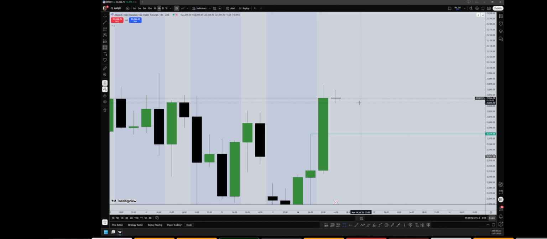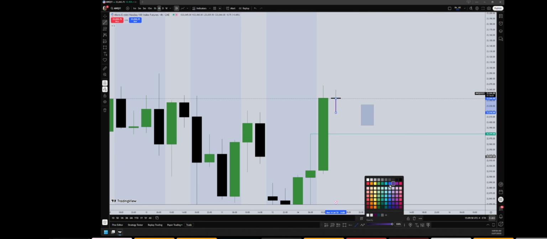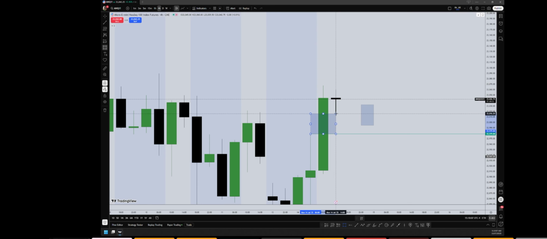Tomorrow, what I want to see is Asia, let's say, creating, and I'm just marking this as the low of the candle. So I have a bullish fair value like this.